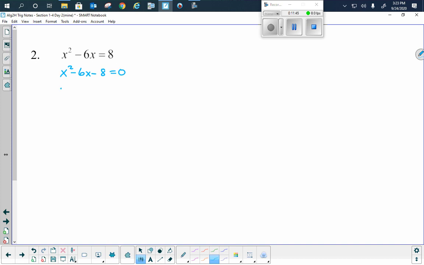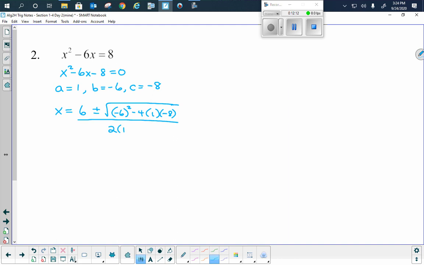If you want to go about it yourself, go ahead. I'm getting a is 1, b is -6, c is -8. So x will equal the opposite of b, so positive 6, plus or minus the square root of b, which is -6 squared, minus 4 times 1, which is a, times c, which is -8, all over 2 times a of 1.